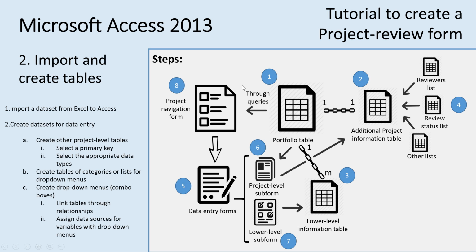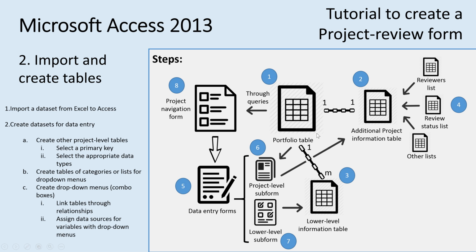Based on the explanation of the first video, you know that we're going to create all these tables and forms. Based on that, you know that we need to start with this first table here, the portfolio table.